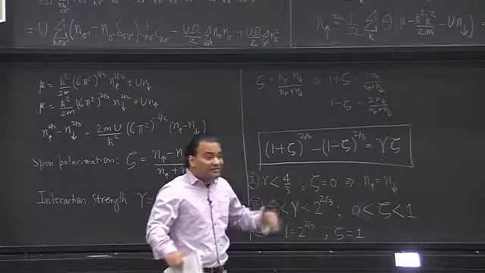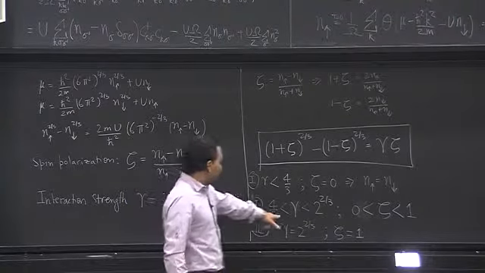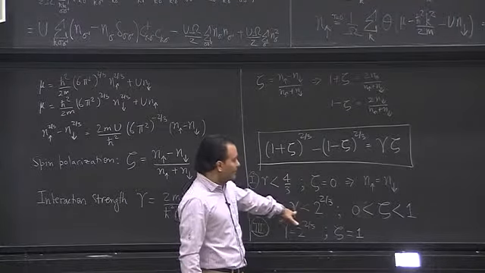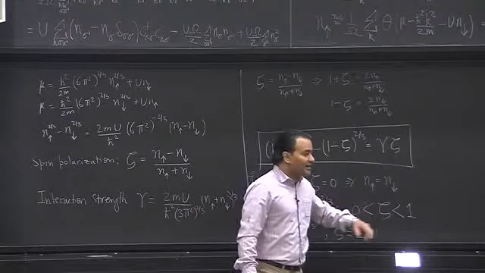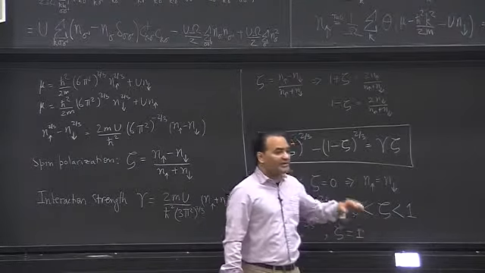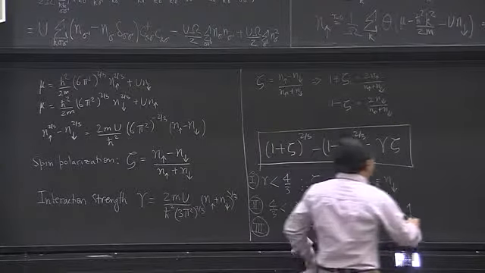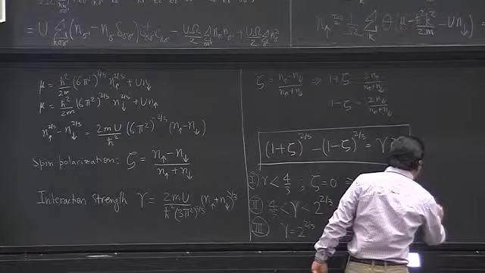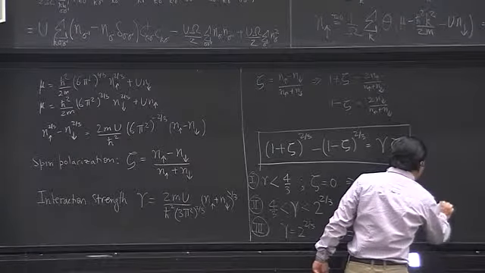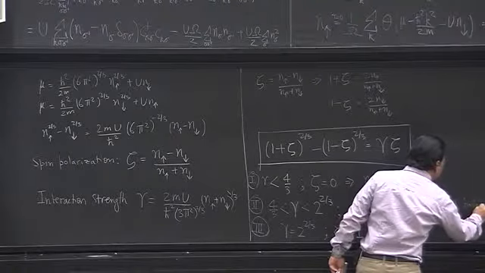If you have an intermediate value of interaction strength, which is given by this, then there is some spin polarization. So the up-spin density is no longer equal to the down-spin density. And this we call partial polarization.